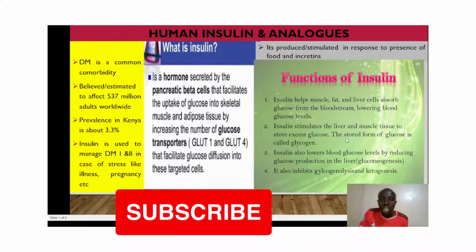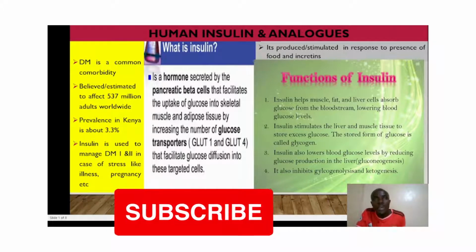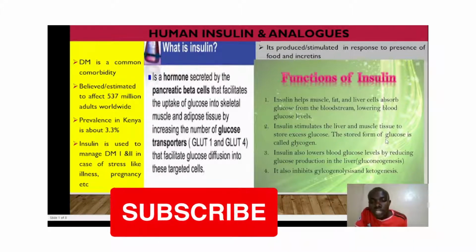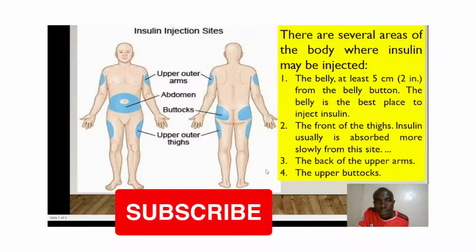It also lowers blood glucose by reducing glucose production by the liver, which is what we refer to as gluconeogenesis. It also inhibits glycogenolysis, the breakdown of glycogen, and ketogenesis. Those are the major functions of insulin.